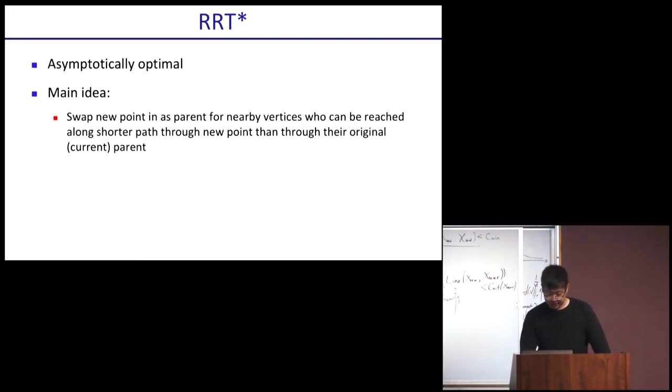So this is also asymptotically optimal, and the main idea here is swap the new point in as parent for nearby vertices who can be reached along shorter paths through new point than through their original points.